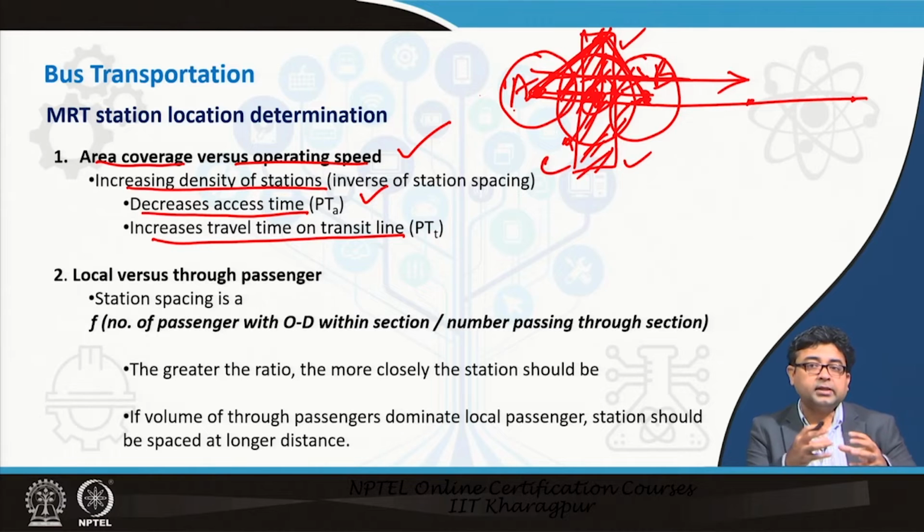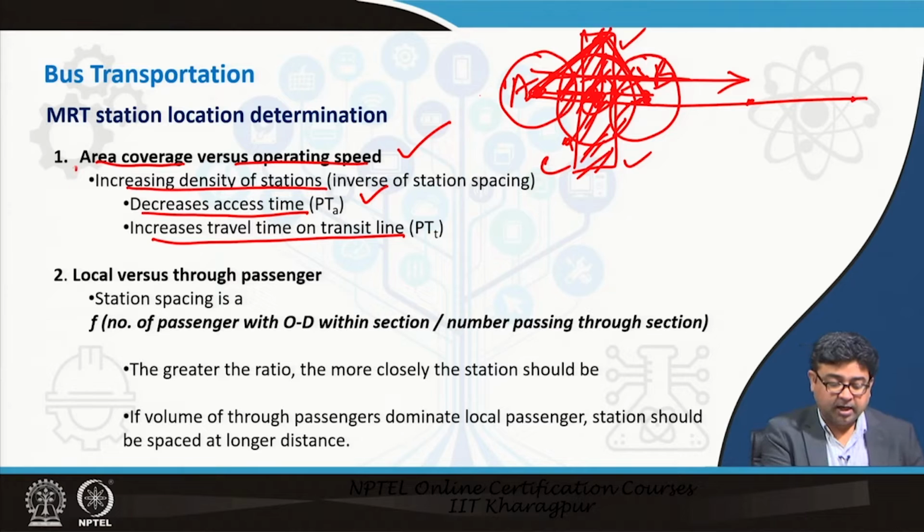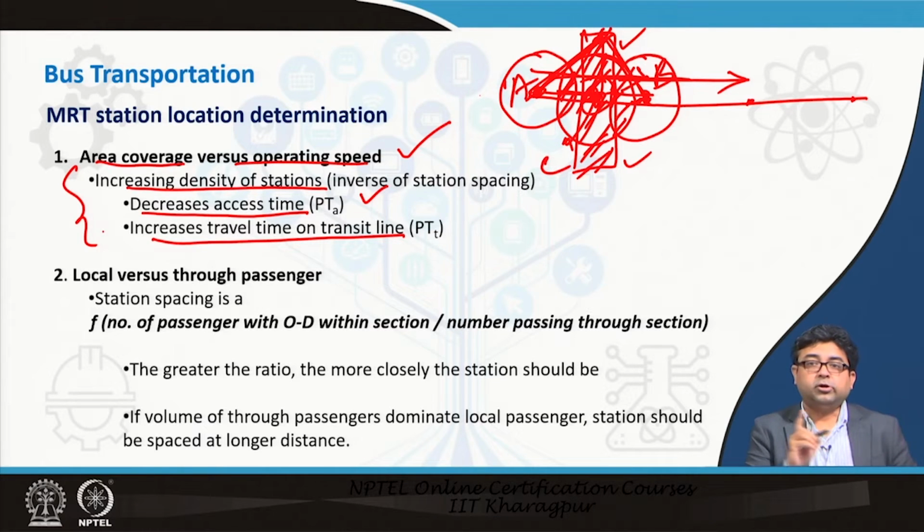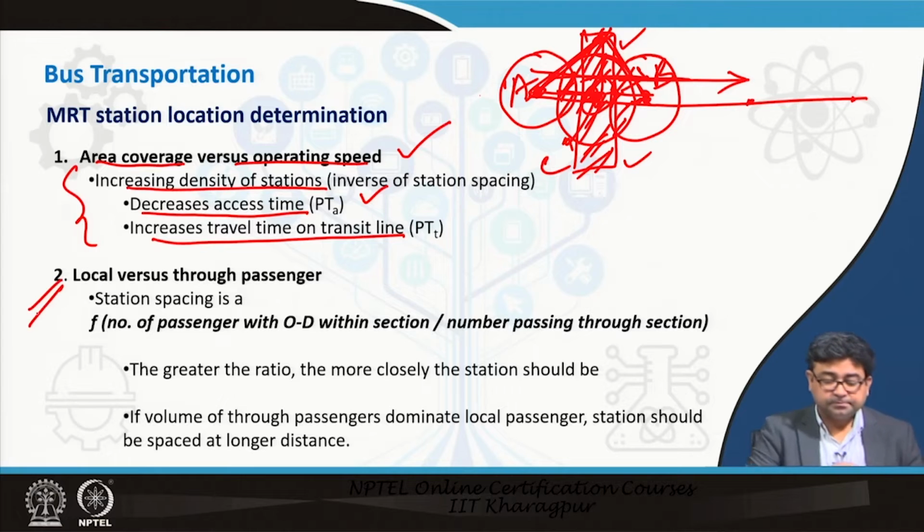So, how do you make that trade-off so that there is a balance? So, there is enough coverage and also good speed or good travel time on the transit line. That is the first trade-off that is made when you are trying to determine a location of a transit stop using this method, right. Using this method, meaning it is only fulfilling one of the objectives, which is to minimize the total passenger travel time.